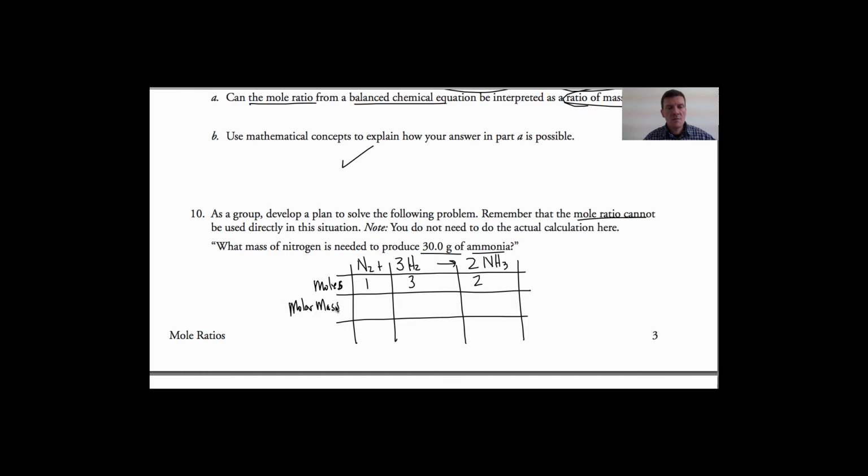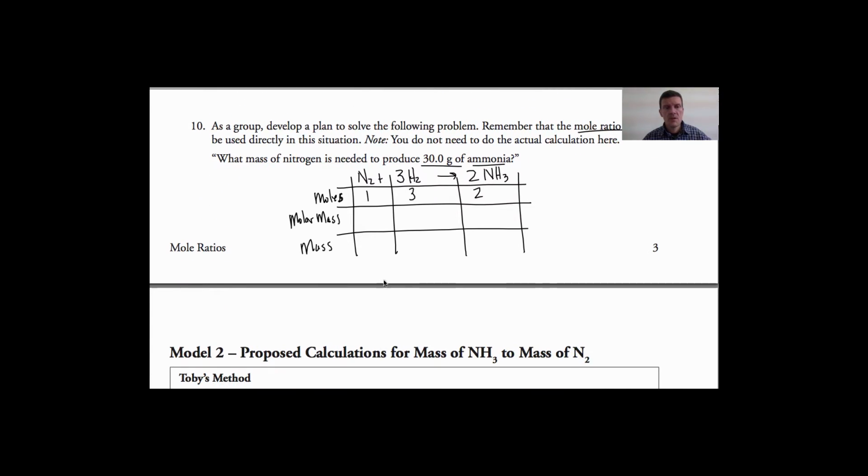Where am I going to get the molar mass? I'm going to get that from the periodic table. And then I'm going to put mass here. Okay? Molar mass for nitrogen: each nitrogen has a molar mass of 14. There are 2 in this molecule, so this is 28 grams per mole.